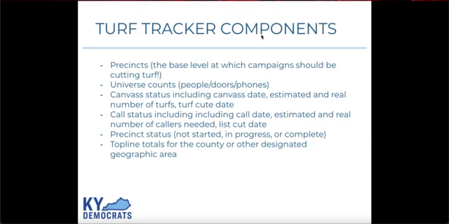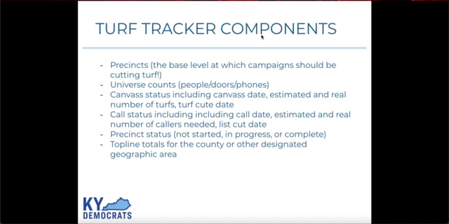And doing that at a precinct level is the best way to do so. Universe counts. Of course, you want to know how many people you have, but you're not necessarily just talking person to person. You're talking to people at the doors or on the phones, and it's good to know how many of those you have as well.